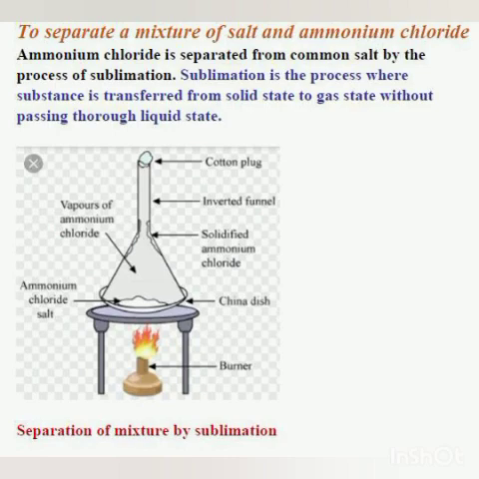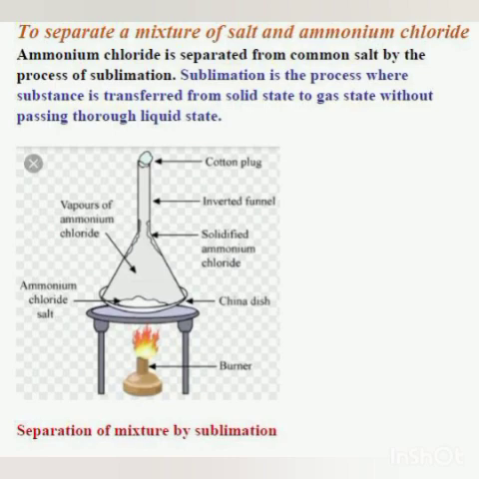Understood or no? The pure ammonium chloride collects on the inner sides of the funnel in the form of a sublimate, and it can be removed. Ammonium chloride, iodine, camphor, naphthalene, they all can be changed directly into vapor state. Okay.